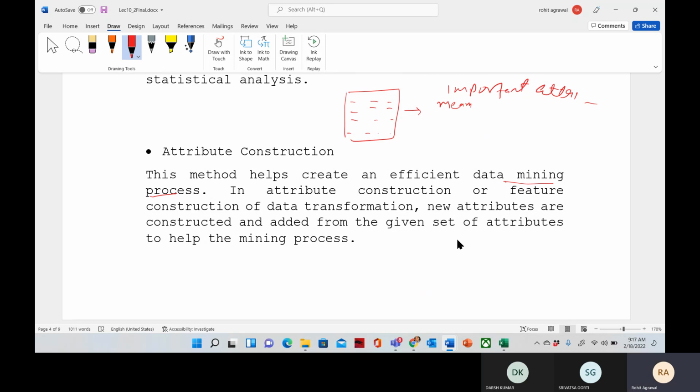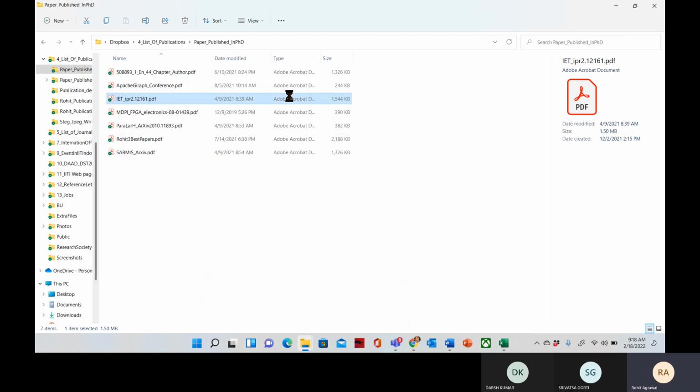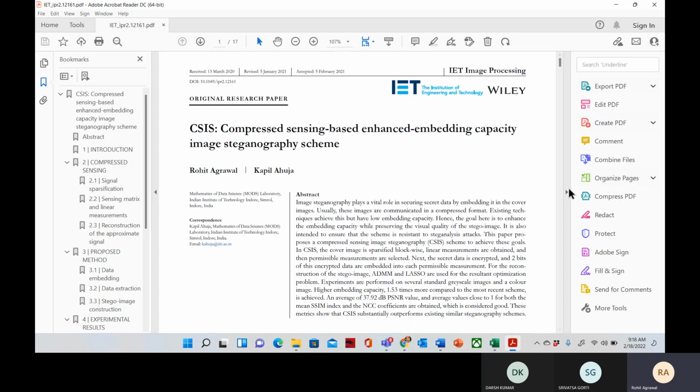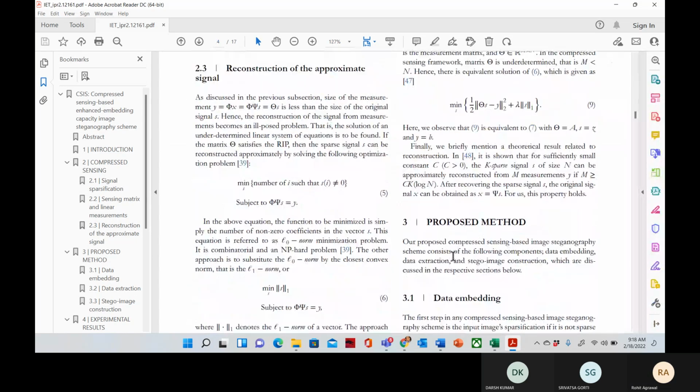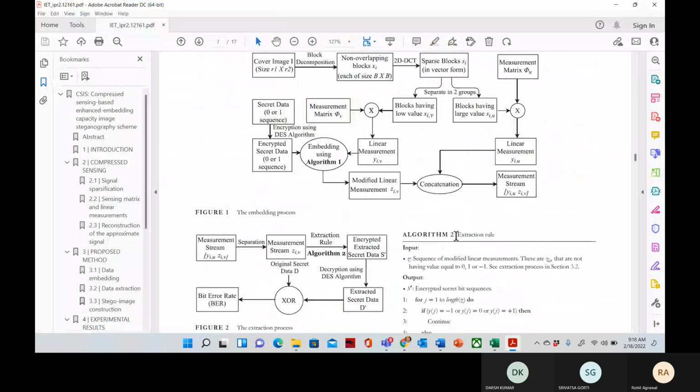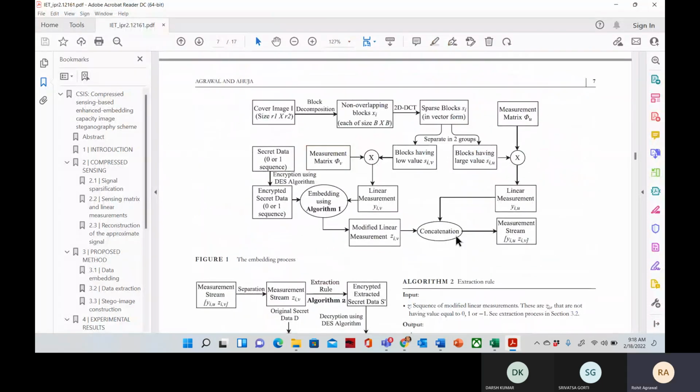Clear? In the research paper that I have shown you, I also used this attribute construction. I will show you once again. After this transformation, I used some kind of measurements and then selected these attributes, linear measurements. Instead of processing the image, first I converted it into blocks.